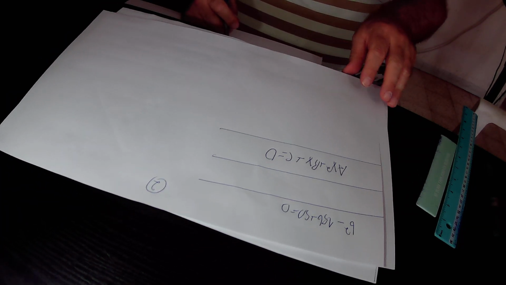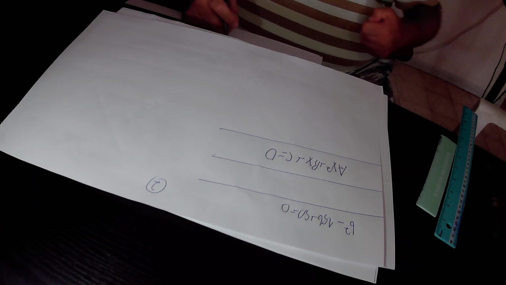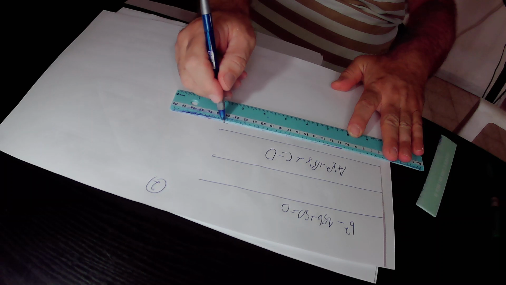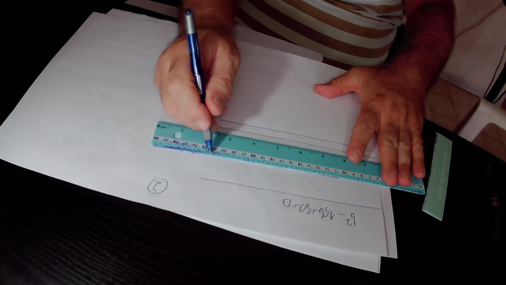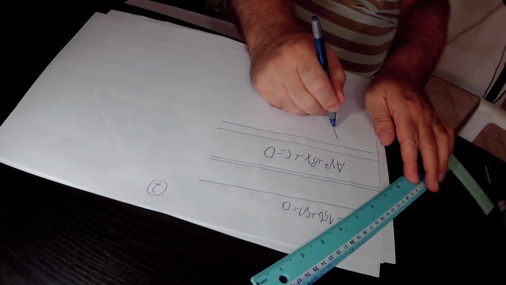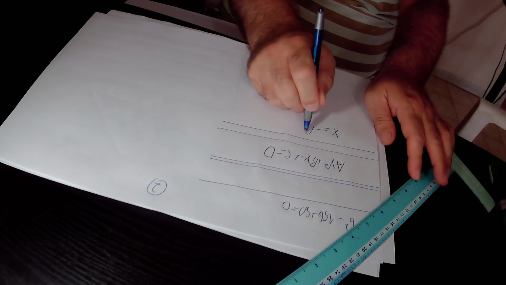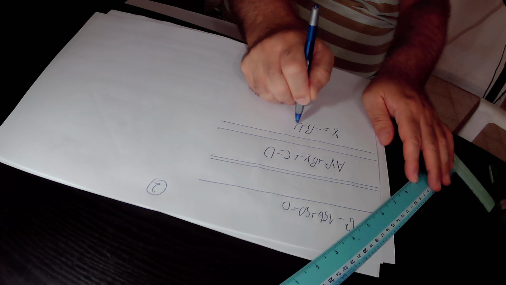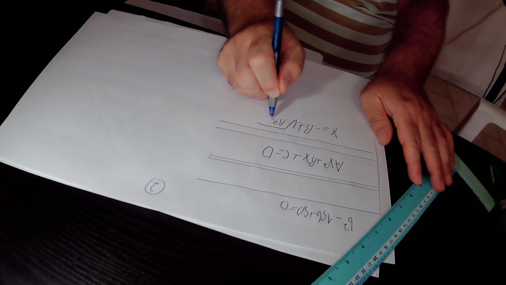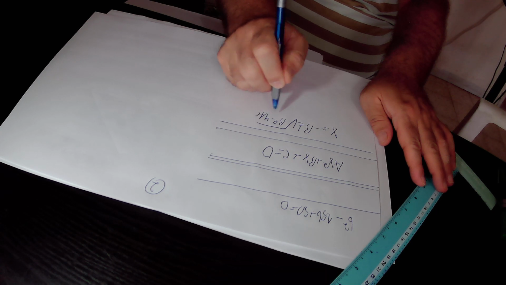And we find the value of x according to the following formula. x equals minus b plus or minus square root of b squared minus 4 times a times c, over 2a.